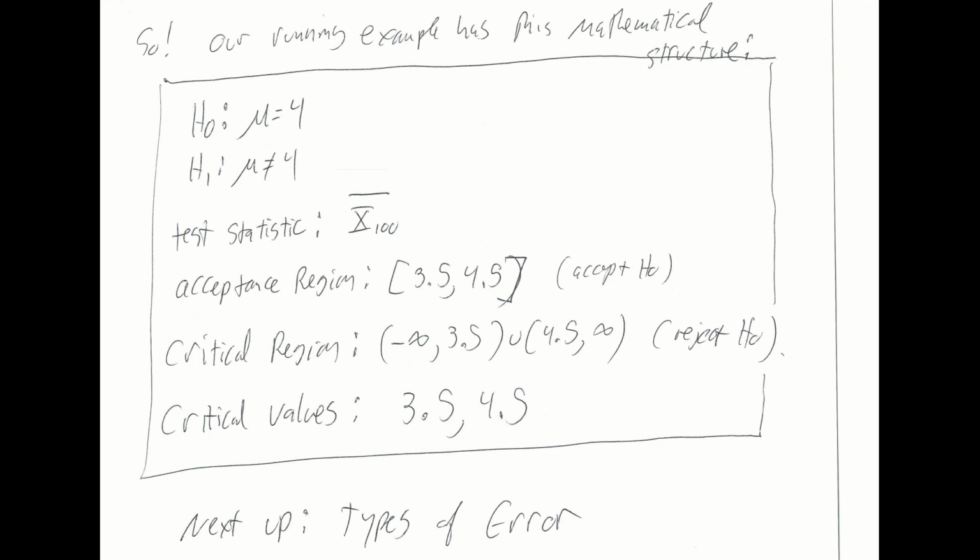Based on a consideration of the real-world ramifications of making those two types of errors and our tolerance for risk of making each of them, that is going to determine what the boundaries of your acceptance region are, what your critical values are. So here I just pulled 3.5 and 4.5 out of a hat, but we're going to see that by considering the different types of errors and the likelihood of making them, we can determine what those critical values should actually be.